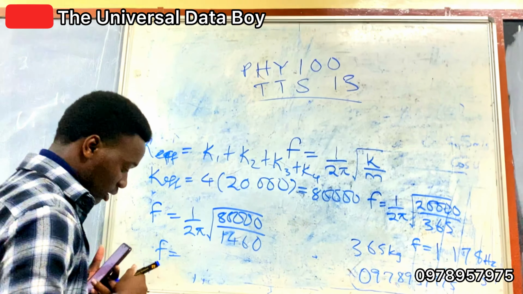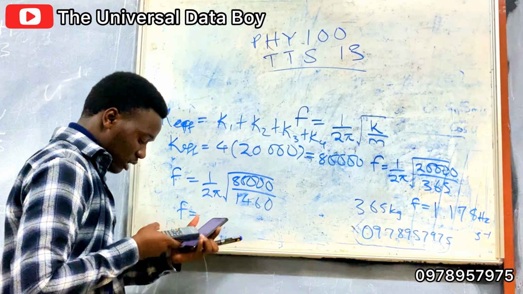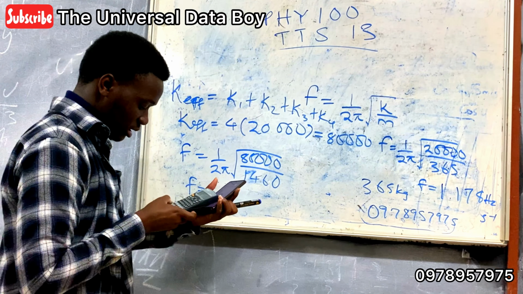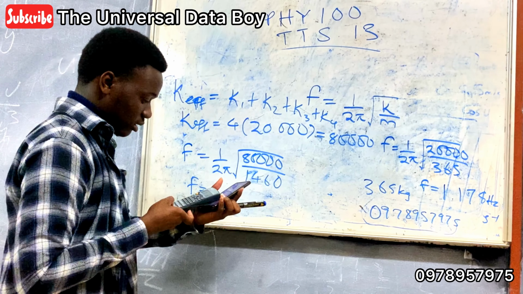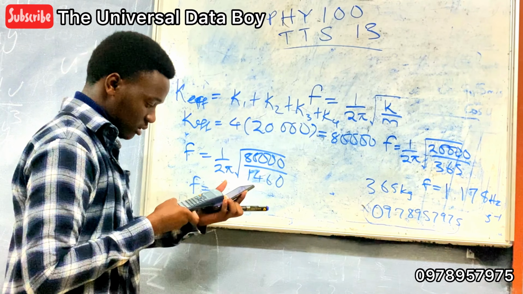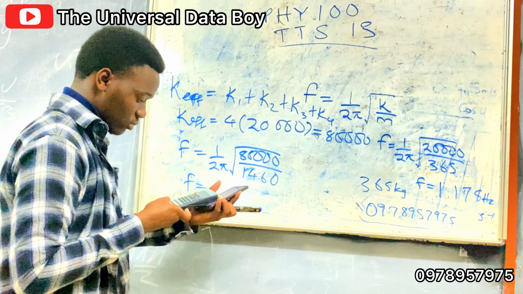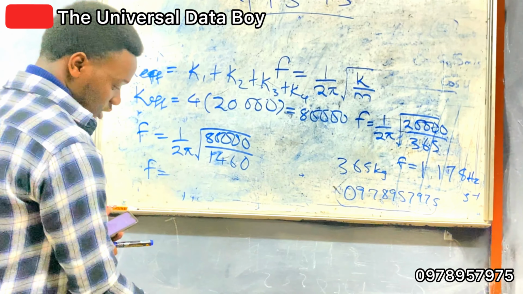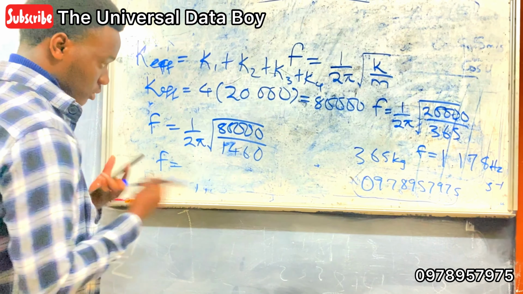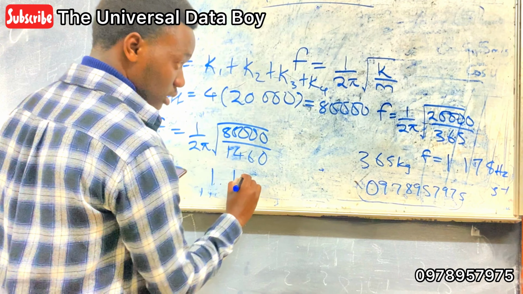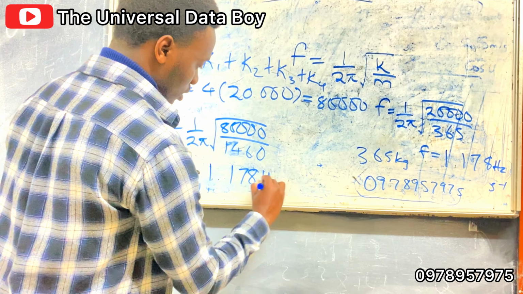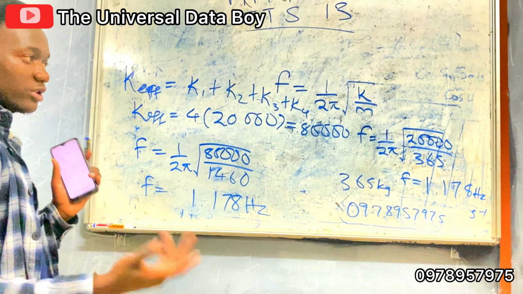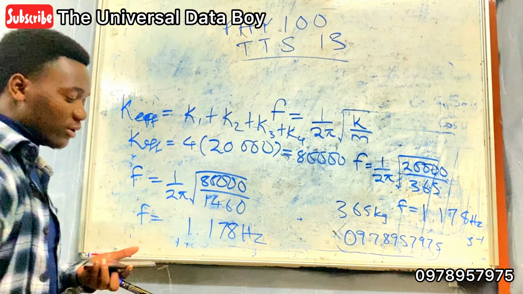Plug it in our calculator: 8,000 divided by 1,460, the square root, the answer divided by 2, then divided by pi. Which gives us typically the same answer, which is 1.178. So you can use either of the formulas, but the logic is the same and the principles that are working are still the same.